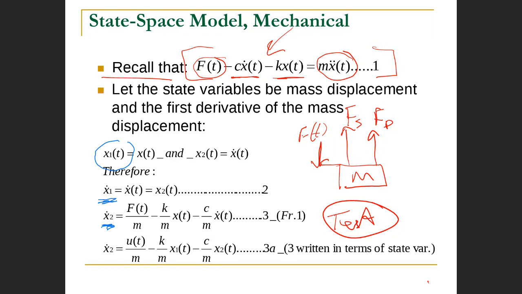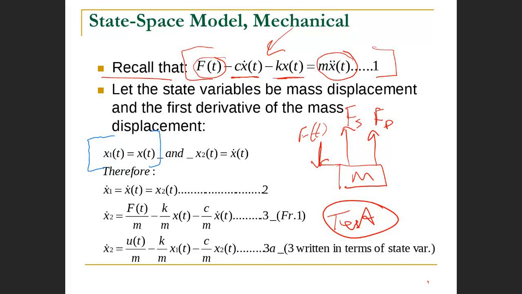So x1 dot of t is the same thing right here. Are we seeing that? All I'm doing essentially is taking this component here and differentiating both sides.